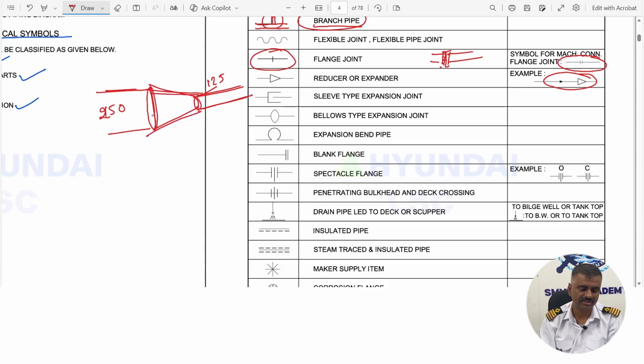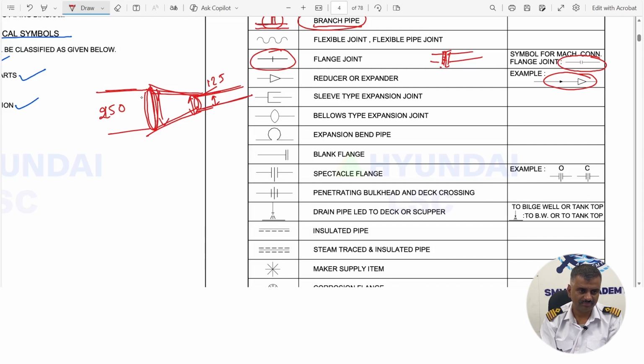What will this reducer do? The reducer will basically reduce the amount of flow going into this pipeline. So through this reducer, a smaller amount of fluid, say seawater or fresh water, will flow through this line. So basically reducing the area.